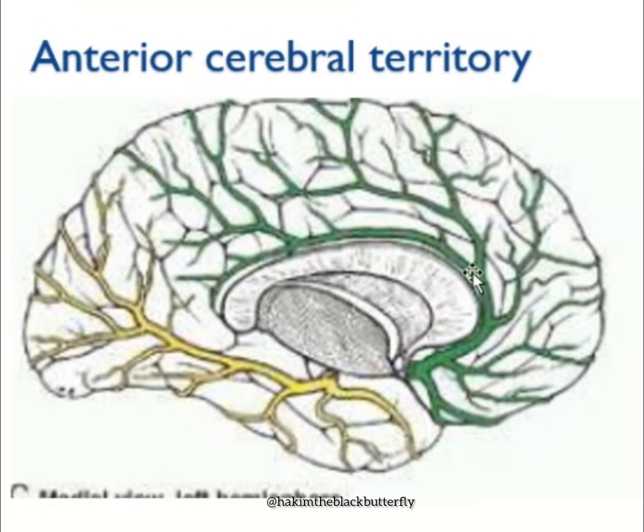They come and curve above the corpus callosum. They supply this medial aspect of the cerebral hemisphere up to the parietal occipital sulcus. So the anterior cerebral artery supplies the medial aspect of the frontal lobe and the medial aspect of the parietal lobe.